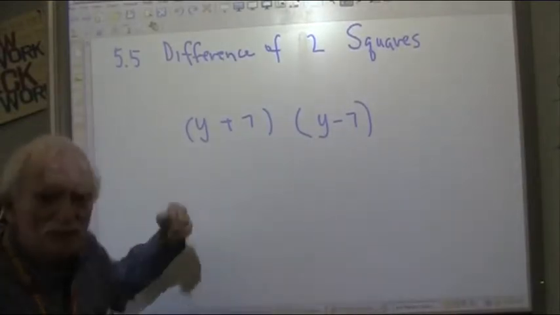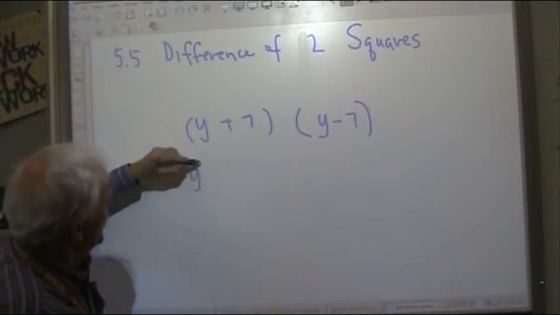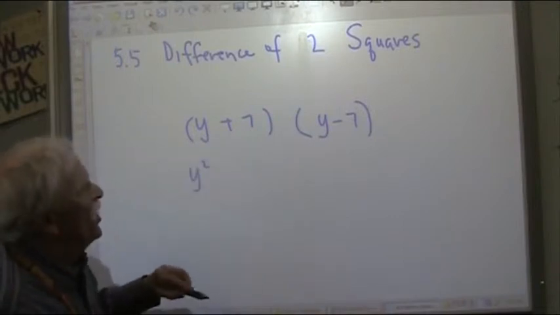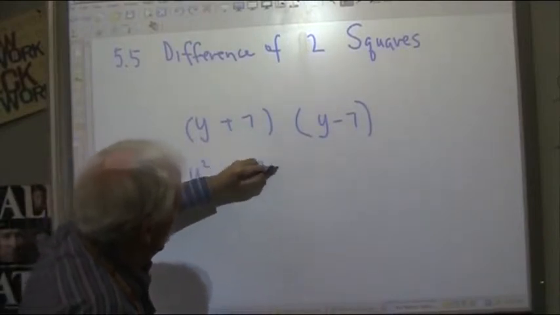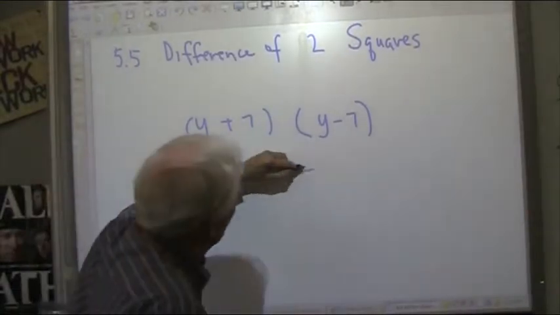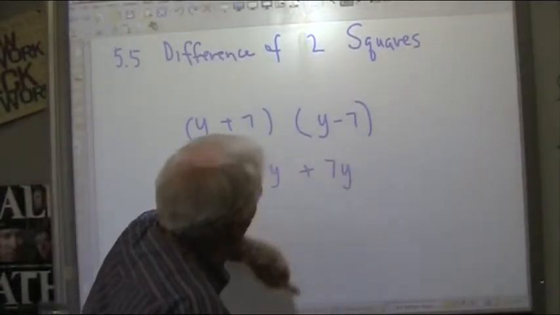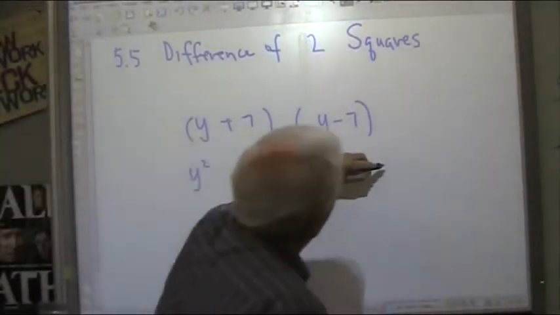Give me the F term, ladies. Y squared. Give me the O term. Minus 7y. Give me the I term. Plus 7y. And give me the last: minus 49.